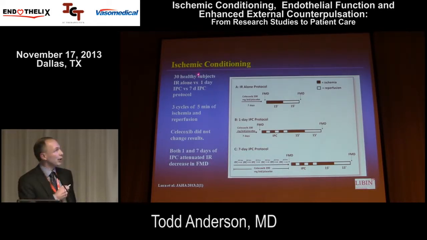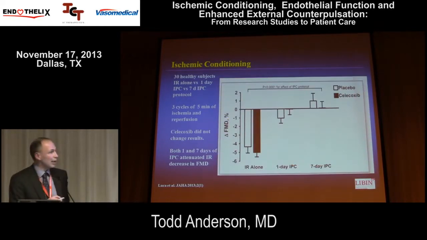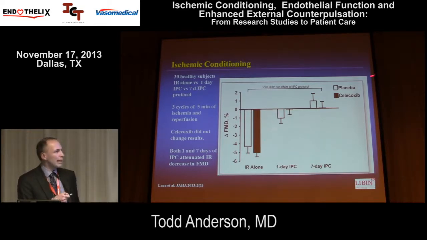And so they took 30 healthy subjects and they did the ischemia reperfusion protocol with and without celecoxib as a COX-2 inhibitor. They did this also with a 1-day protocol of ischemic preconditioning, and then they did a 7-day protocol with ischemic preconditioning as well, and they measured endothelial function before and after all of these. And what they were able to show is that, as you would expect by the other studies, flow-mediated dilatation decreased dramatically without any conditioning stimulus, and this was not affected by inhibiting COX-2.